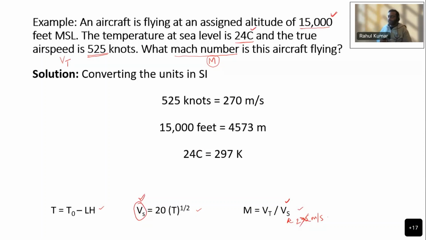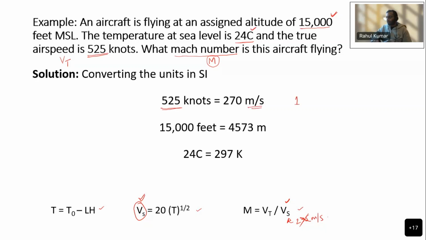First of all, we'll need some unit conversions. What I've done here is converted the true speed, that is 525 knots, into meters per second.